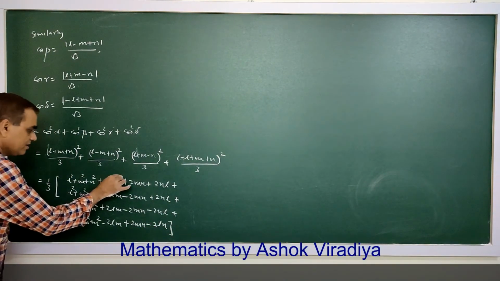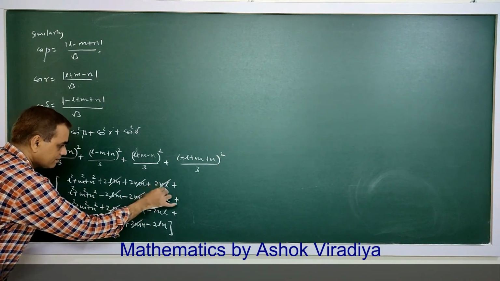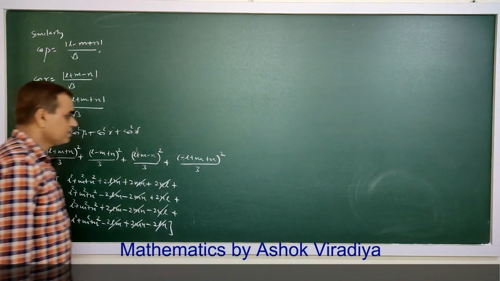Now you can see that these will be cancelled, opposite numbers.